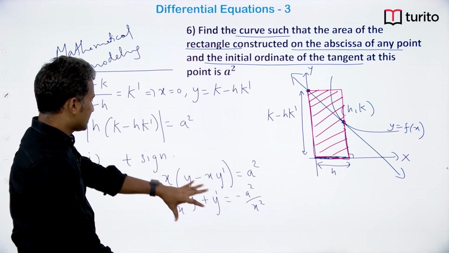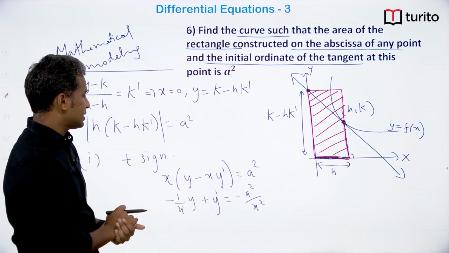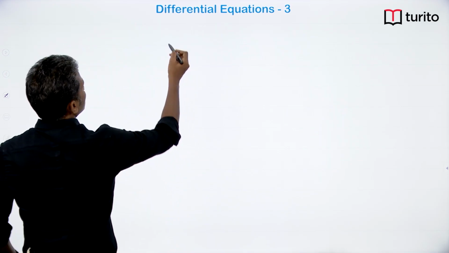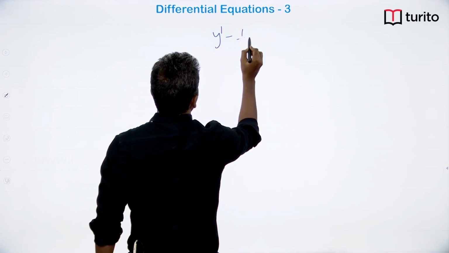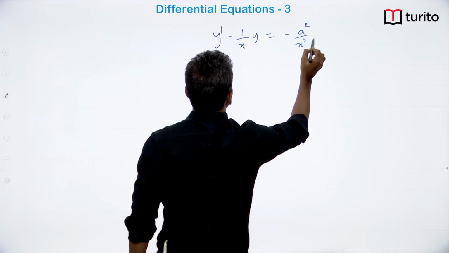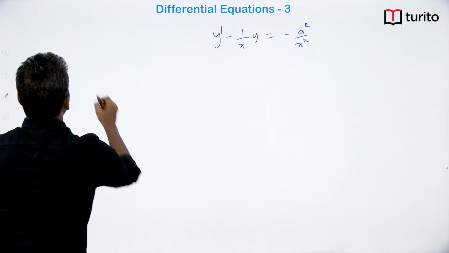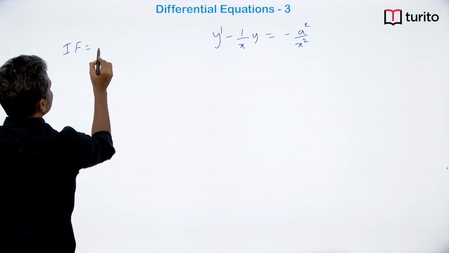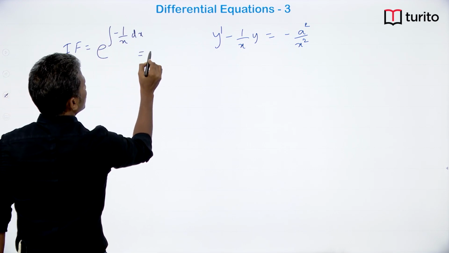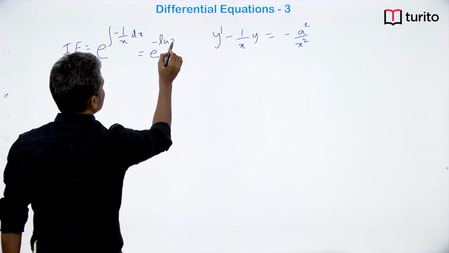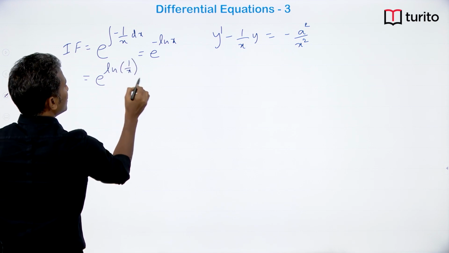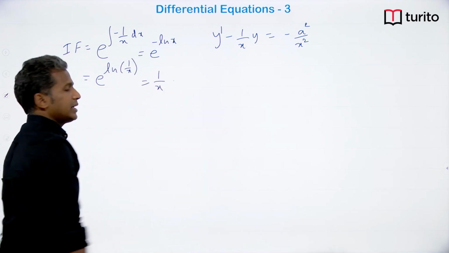So now it is the standard process, find the integrating factor and then simplify it. So it is y dash minus 1 by x into y is equal to minus a square by x square. What is the integrating factor? It is e raised to integral of minus 1 by x dx, which is going to give us e raised to minus ln x, which is same as e raised to ln of 1 by x, which is also same as 1 by x, right?